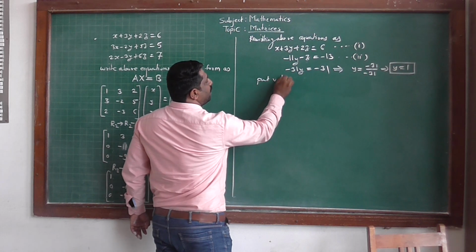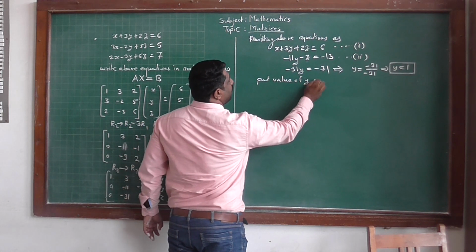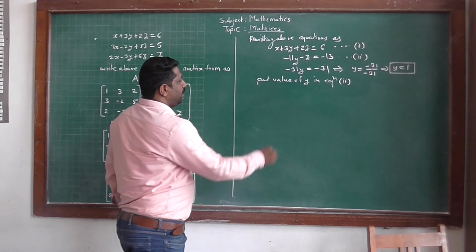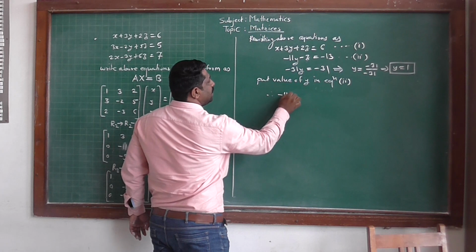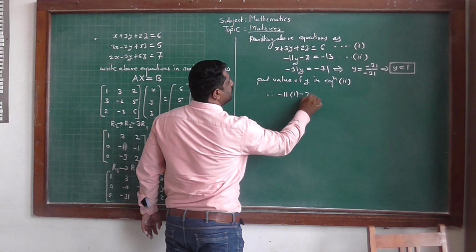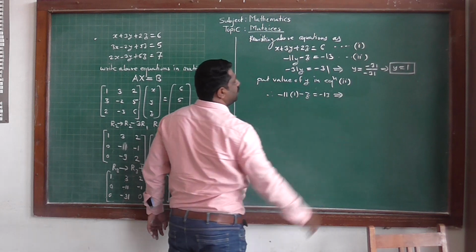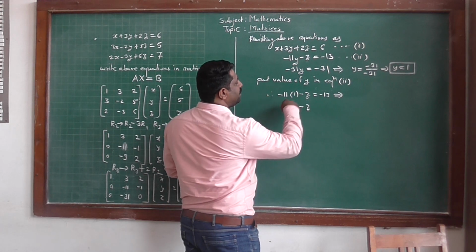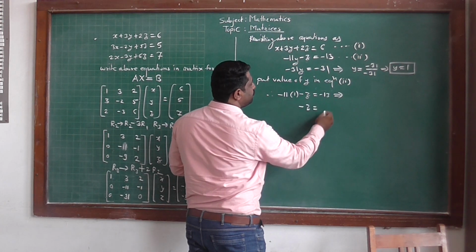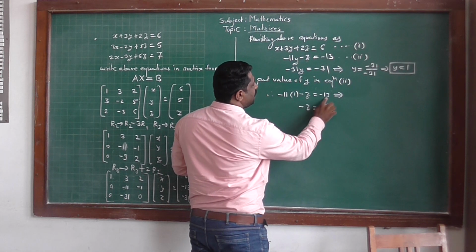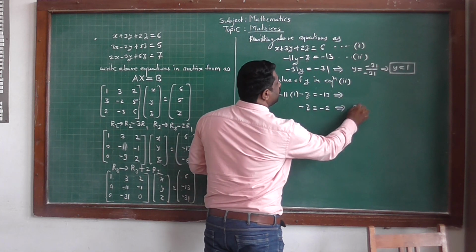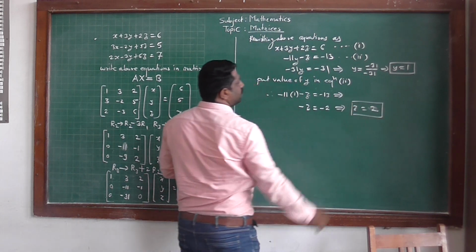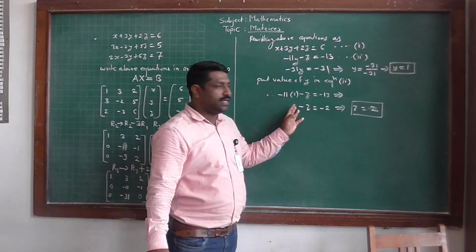So minus 11 into 1 minus z is equal to minus 13. Now minus 11 transferred to the RHS becomes plus, so minus 13 plus 11, that is minus 2. So here we get z is equal to 2.